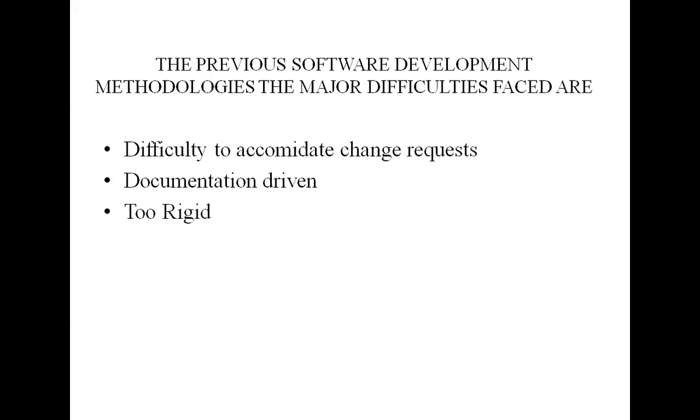The new code is written through the code, which can be reused, and this is making the project too rigid. These are some of the difficulties in previous models. Agile methods are designed to overcome these difficulties.